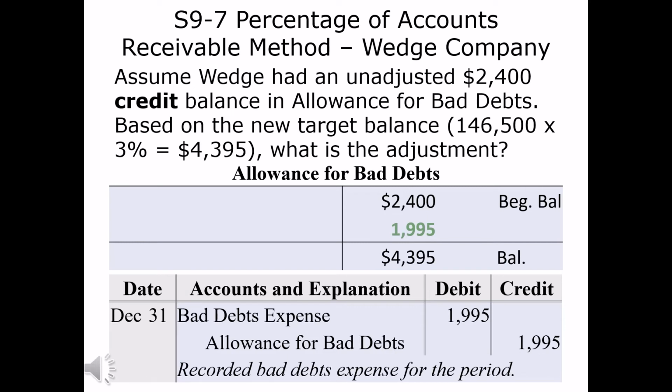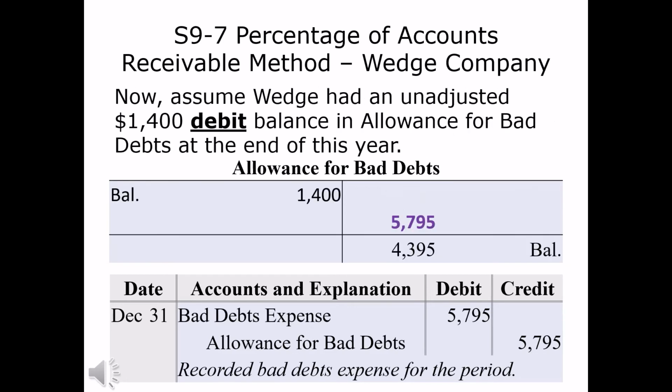Now let's just say that we have instead a debit balance in our allowance for bad debts account of $1,400. We still want that ending balance of $4,395. So in this case, we're going to have to credit our allowance for bad debt account in the amount of $5,795.